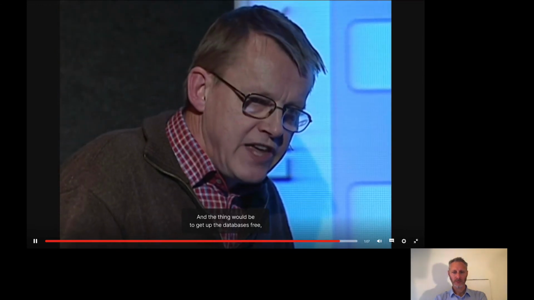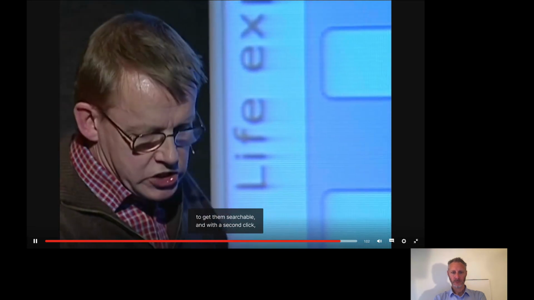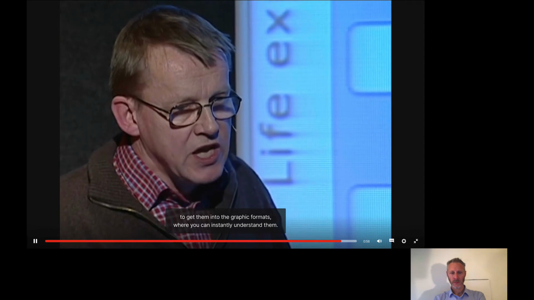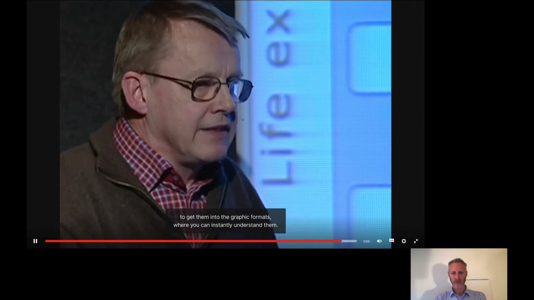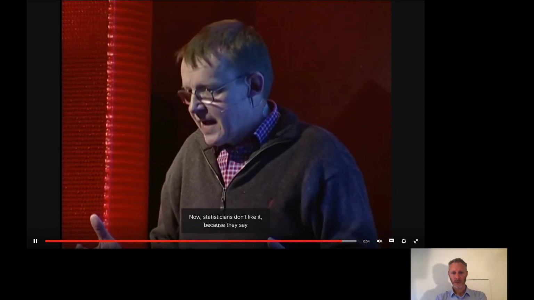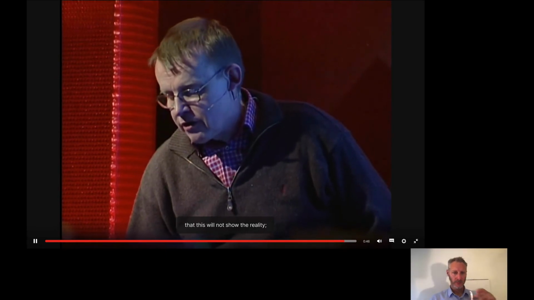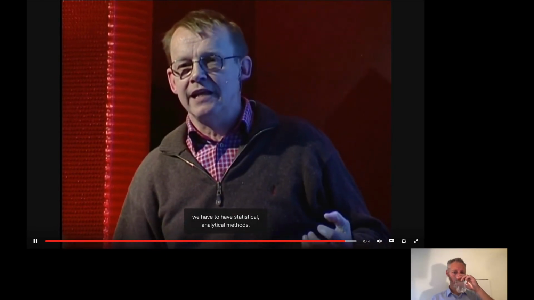And the thing would be to get up the databases free, to get them searchable, and with a second click to get them into the graphic formats where you can instantly understand them. Now the statisticians don't like it because they say that this will not show the reality. We have to have statistical analytical methods, but this is hypothesis generating.